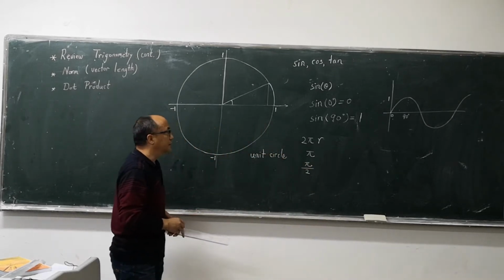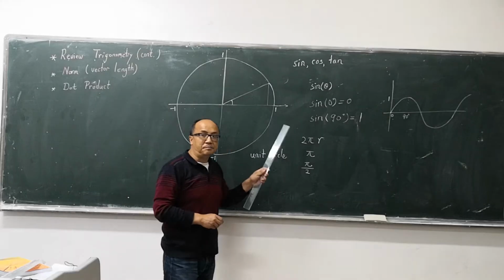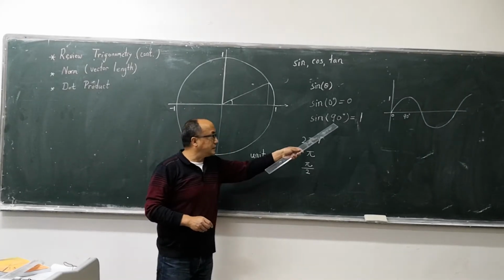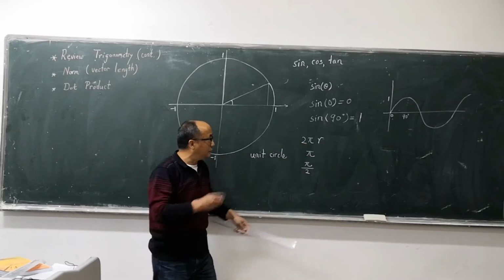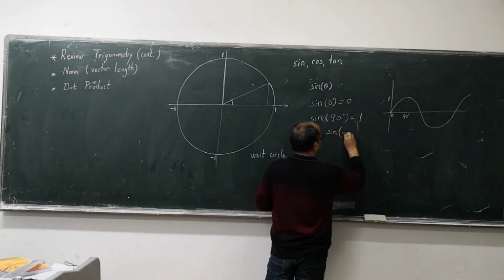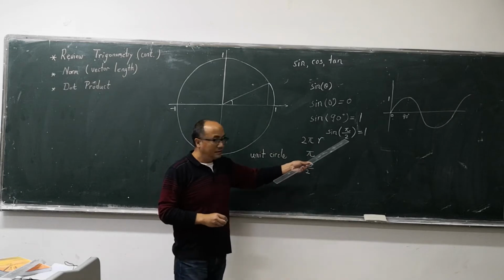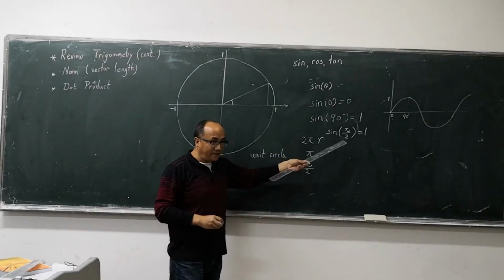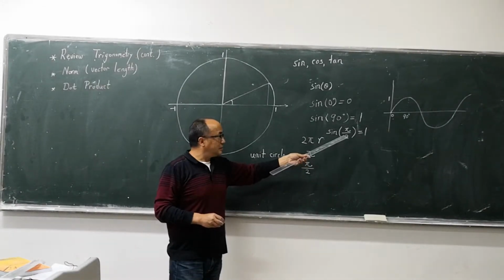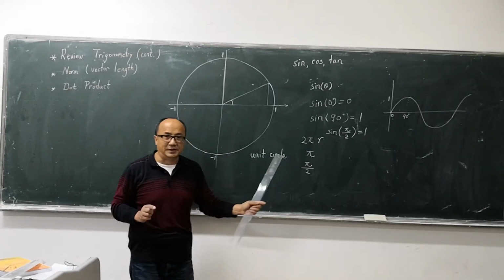So 99% of the time, instead of saying this is 1, we say sine of this length is 1. Length is much more common because it's just a number.